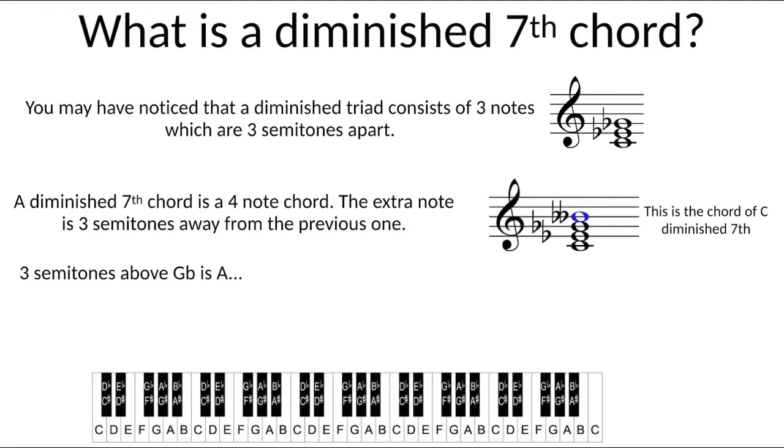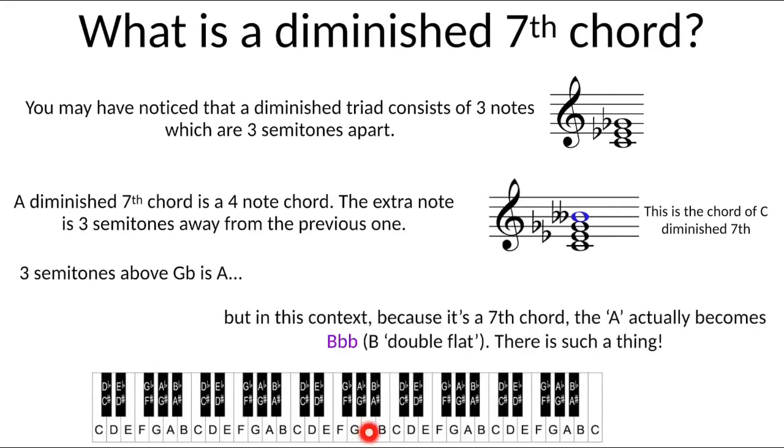But, and this is where it can start to get a little complicated, because it's a 7th chord, the A is actually a B double flat. Such things do exist. So remember, if we called this note an A in this context, it wouldn't be a 7th anything, it would be a 6th, because there are 6 letter names involved. Remember, it's the letter names that tell us the intervals.